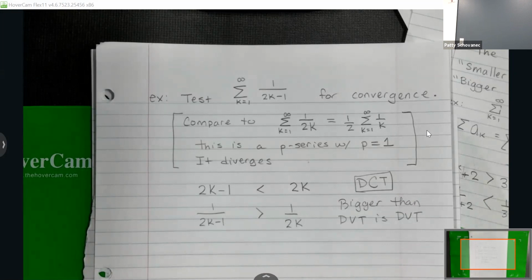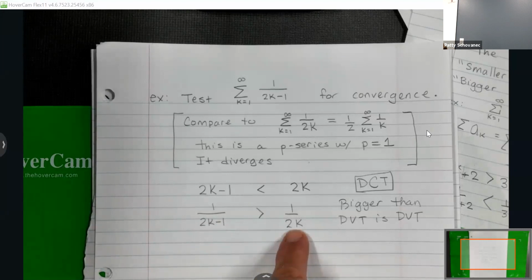Now what happens if I change this to a 2k plus 1? What if the series that I'm testing is 1 over 2k plus 1? Well, dang, it should behave a lot like the series 1 over k, right? Moving it over with minus 1 or plus 1, it still should diverge, but it's not going to compare in size the way I need it to.